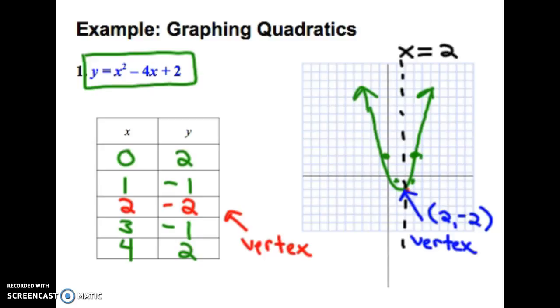One thing I do know is my y-intercept, which is 0, 2. You always have a y-intercept where x is 0. And then your x-intercepts, it's kind of hard to tell. We know they're right here and here based on my graph, but I don't know exactly what they are. If you had a graph where you could definitively tell, you would want to put those down too.